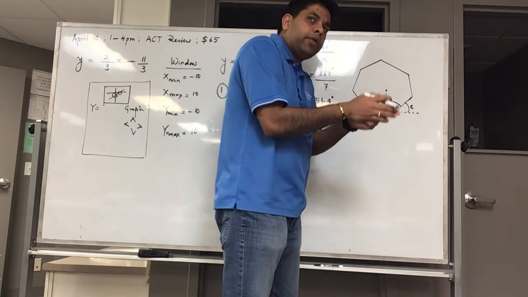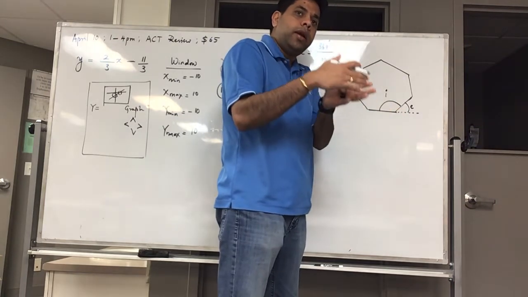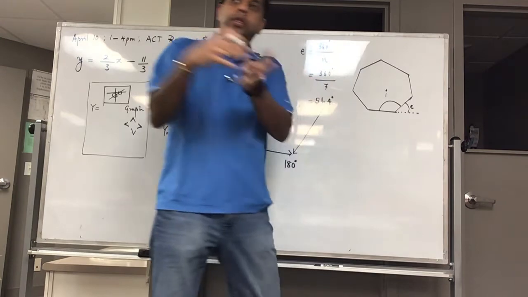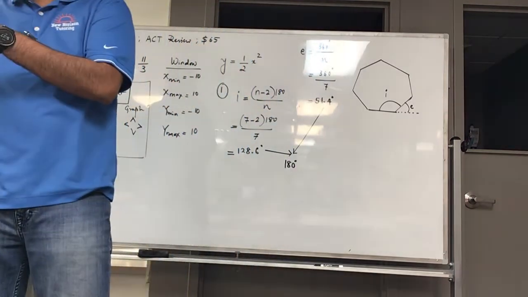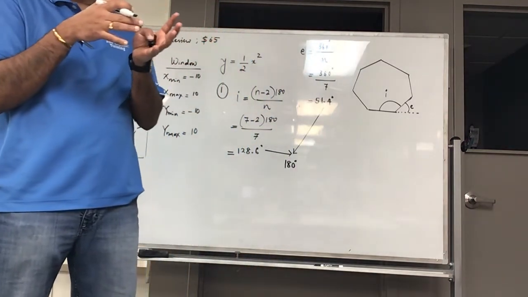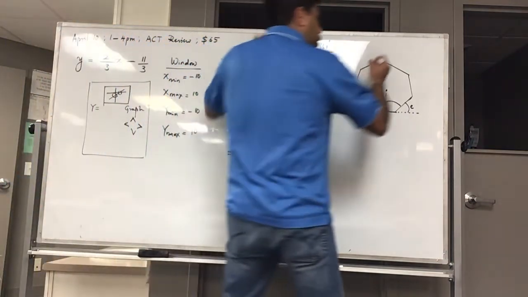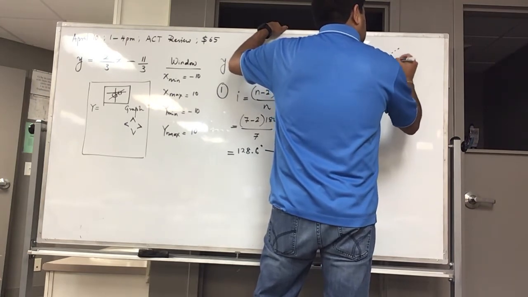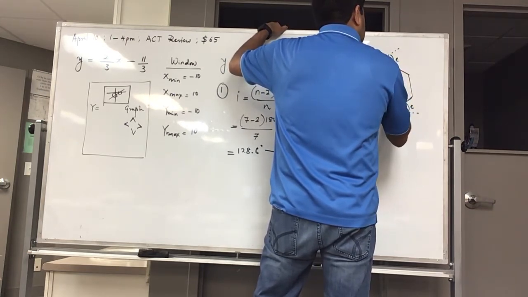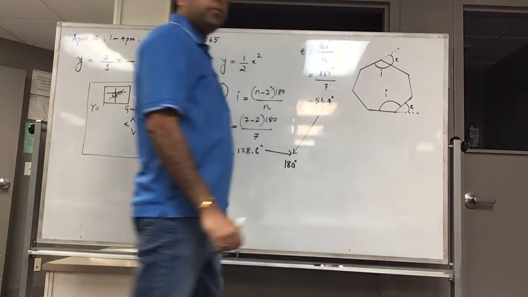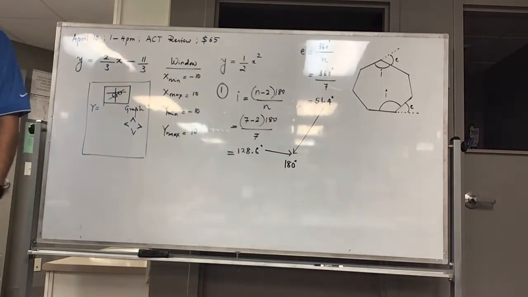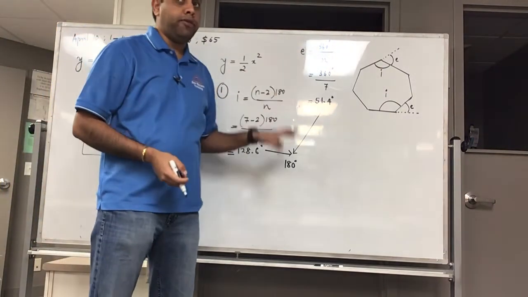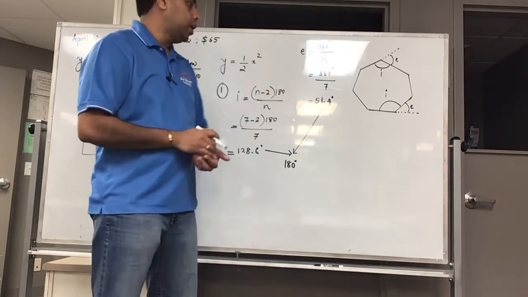So every polygon, if you have 7 sides, you'll have 7 interior and 7 exterior. 10-sided decagon, 10 interior, 10 exterior angles. Sounds good? They always add up, so if this is I, this is E, I plus E is 180. Good? So this can be one type of question in ACT.